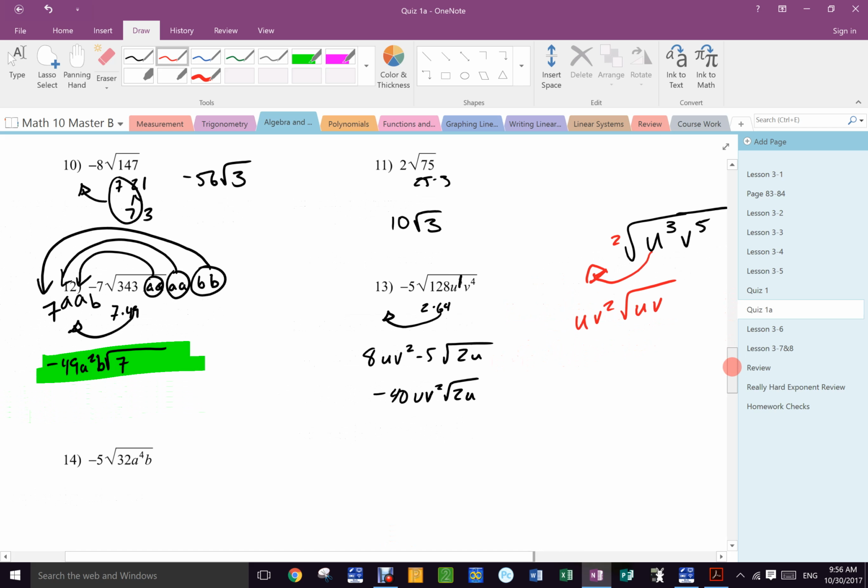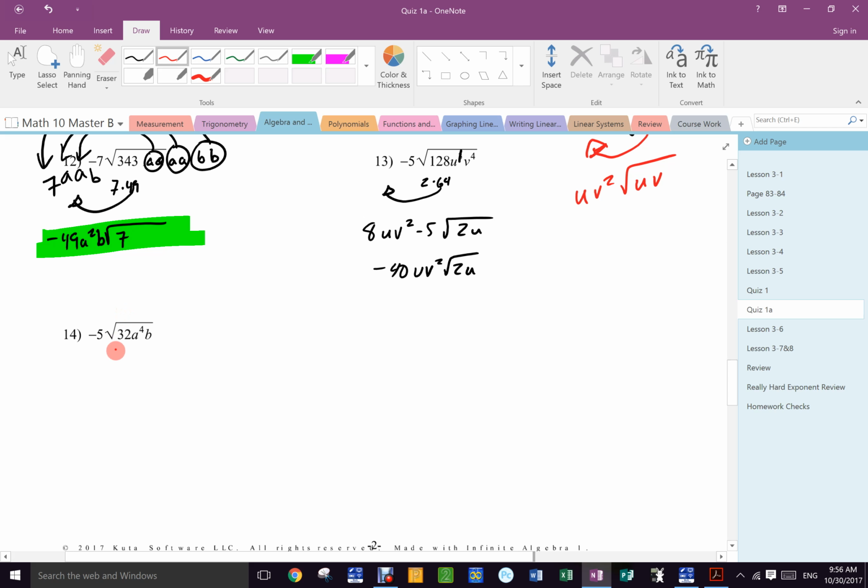And finally, 32 is 16 times 2. I stop there. Why? 16 is a perfect square, so what comes out? 4. How many a's can I get out? 2. A squared, then a negative 5. Can I get any b's out?